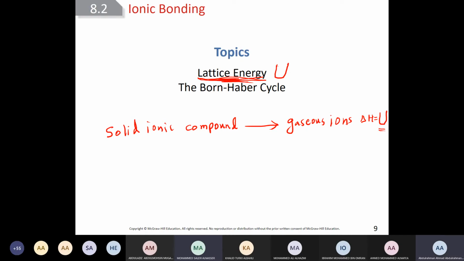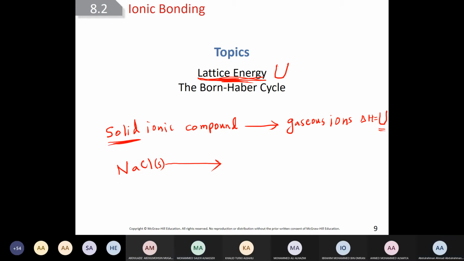Give me an example of NaCl. Give me the reaction for NaCl. NaCl plus energy, to Na plus and Cl minus, but you must write solid ionic compound.